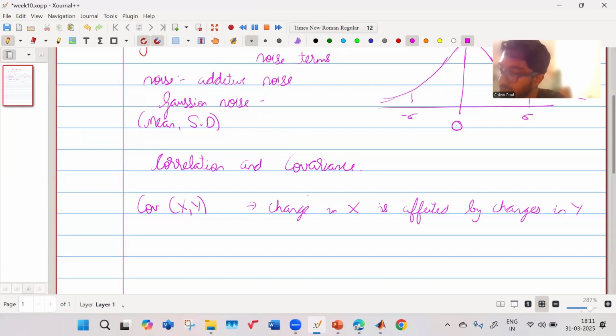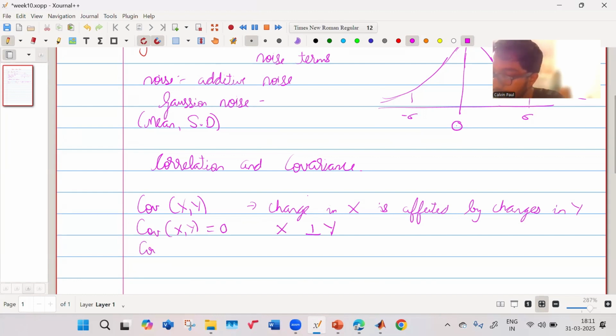If covariance of x comma y is zero, that means x might change here and there as much as possible, y will not be affected by the changes in x. Similarly, y can change in as many directions and ranges, but it will not affect x. Another way to look at it is written x is perpendicular to y. This is another way used to mean that the covariance of x comma y is zero.